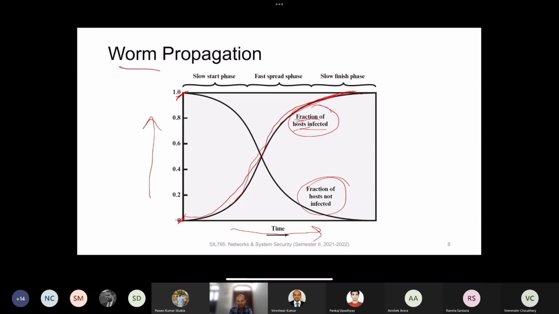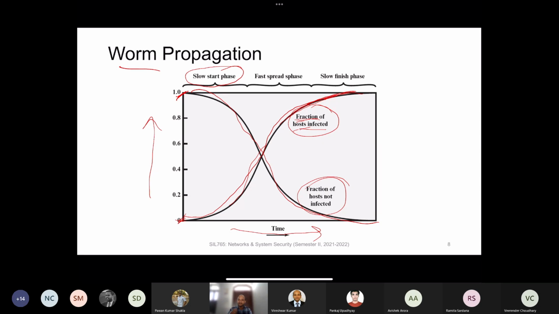Okay, and the other curve is just 1 minus the fraction of hosts infected, so it will of course show a reverse trend. A few more things shown on this figure: you may have a slow start phase. For instance, one infected host will infect another, so in the first unit of time you may have only 2 infected hosts, in the third unit 4 infected hosts, and in the fourth unit 8 infected hosts.